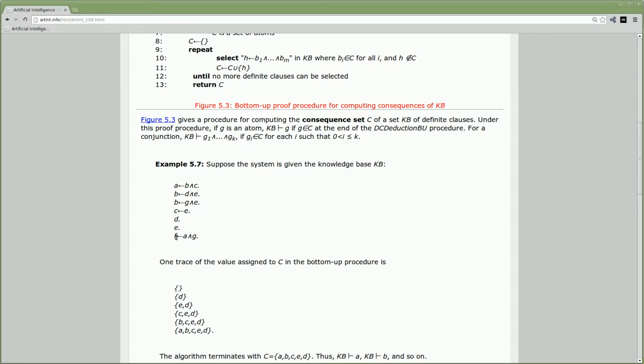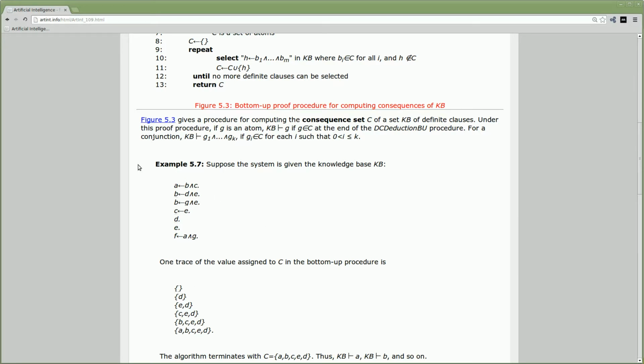In this case, D and E follow pretty easily, so D goes in, E goes in. Once we have D and E, for example, once E is in there, we can conclude C. So C will be the next one that ends up in there. And once we have C, E, and D, we can get B from D and E. So B will go in there. What's the last one that goes in? A. Once we have B and C, we can conclude A.